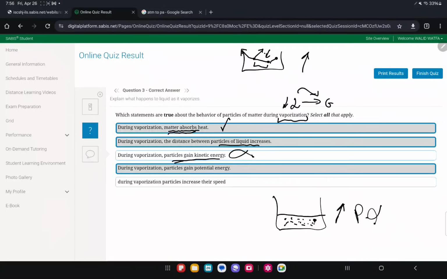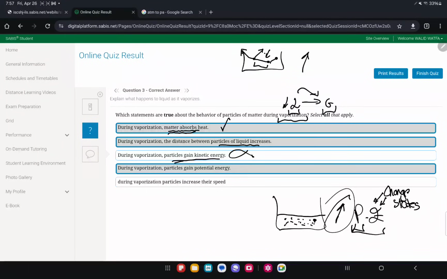Why am I saying potential energy? Potential energy is important when you want to change states. From the term potential, it means it has the potential to change into something else. So when you want to change from a liquid to a gas, you're changing into something else, so the potential energy will increase.